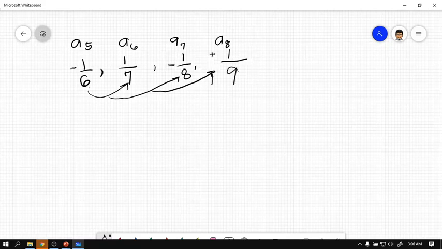So, kung hahanapin natin yung pang 9 na term, based on our observation, this is negative, that is positive, this is negative, that is positive, this is negative. And then the numerator is always 1. And then the denominator just increases by 1. So this is 10. So yun ang pattern na nahanap natin.